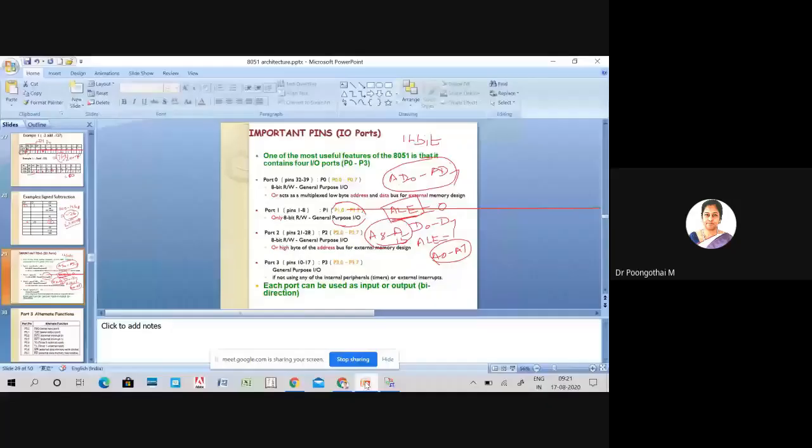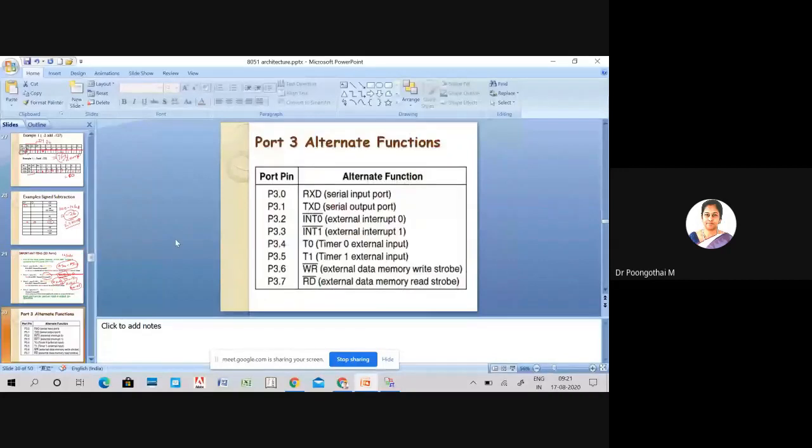So next, port 3. Port 3 lines can be used as IO lines, and these pins are multifunctional and have special functions. P3.0 can be used as serial input port, that is RXD, and 3.1 is used as serial output port.